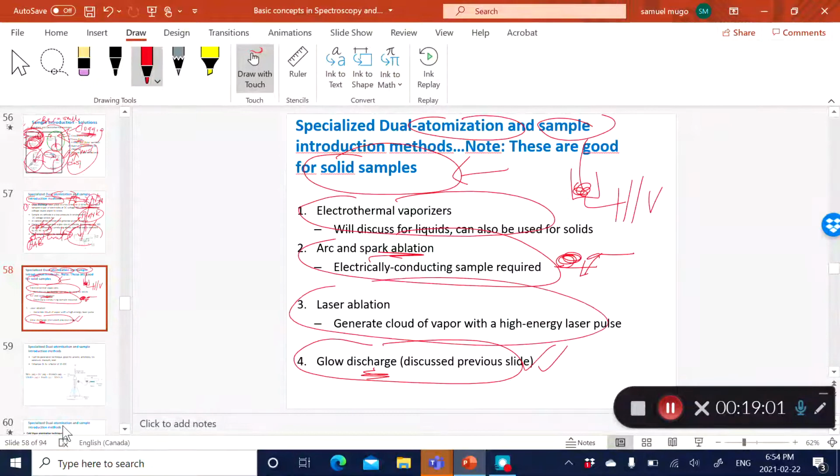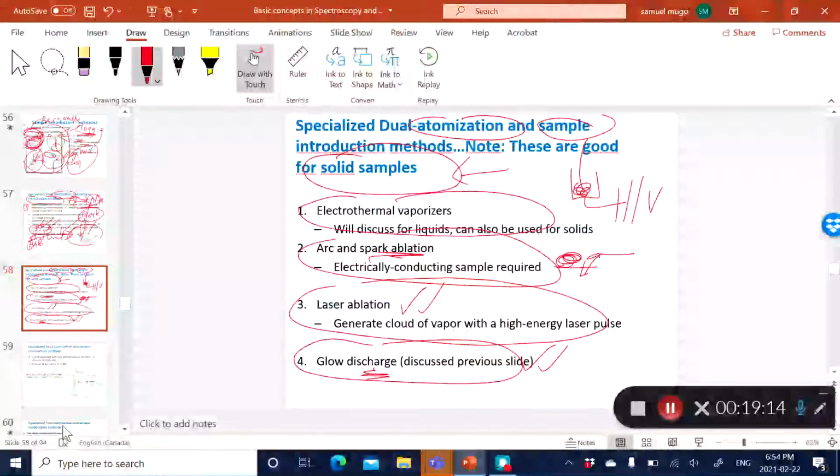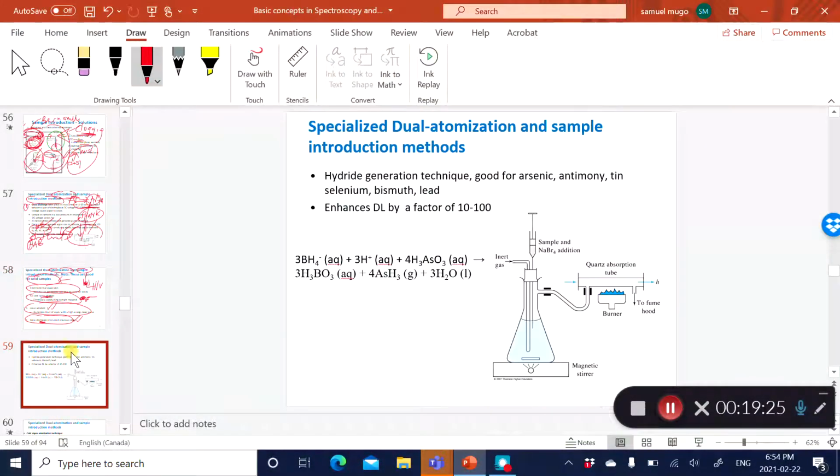Now, the other type of atomizer that combines sample introduction and atomization is laser ablation. I think I explained it before: you just put the sample on a platform and shine the laser, and the laser causes the ablation and atomization of your analyte.